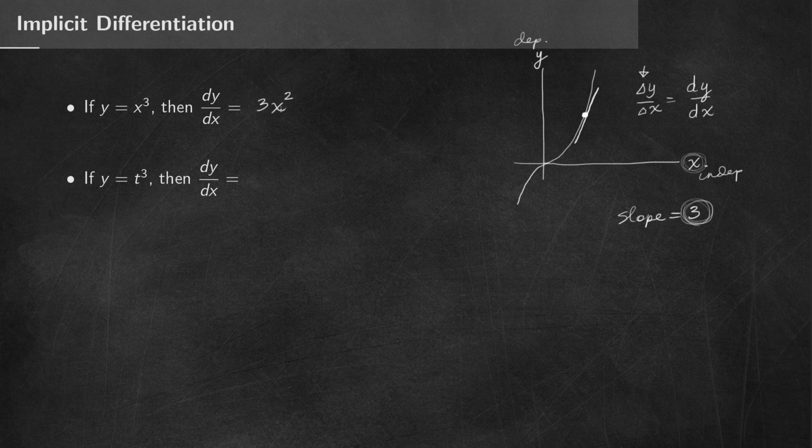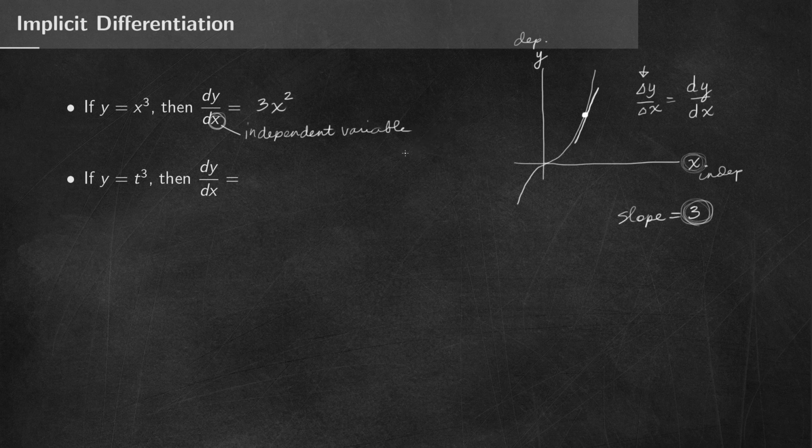We found the derivative with respect to x. This variable down here is referring to our independent variable. Slope is rise over run, so the rise is the change in y, the run is the change in x in this case. So this variable in the denominator of my derivative notation is for my independent variable.